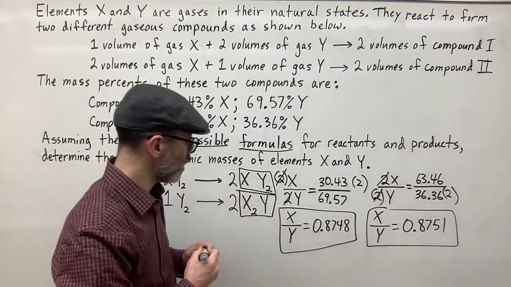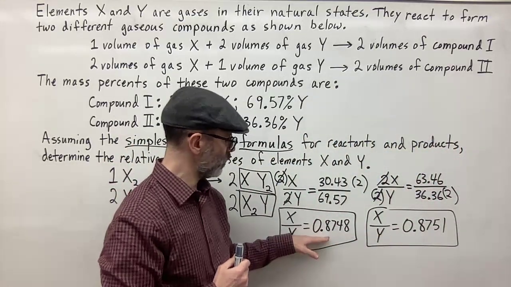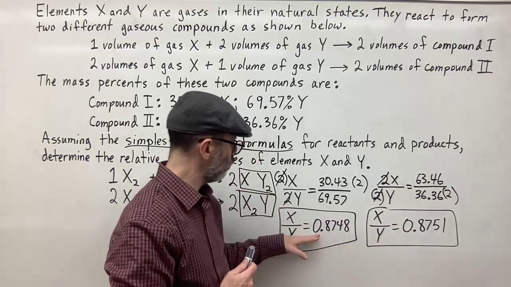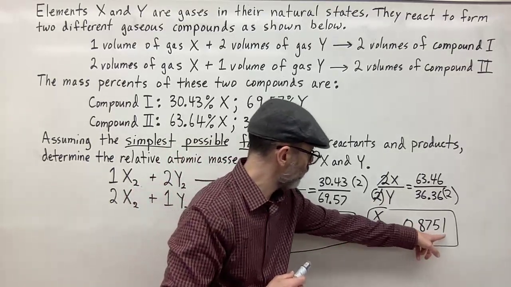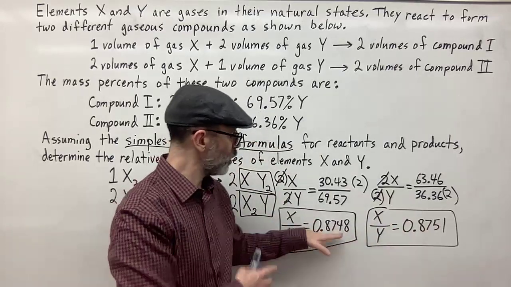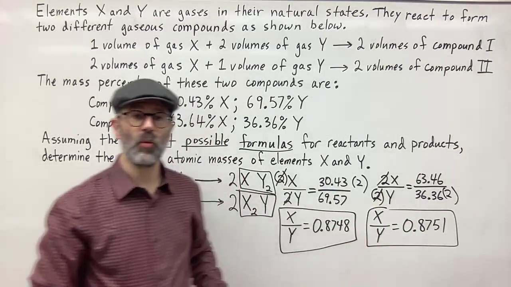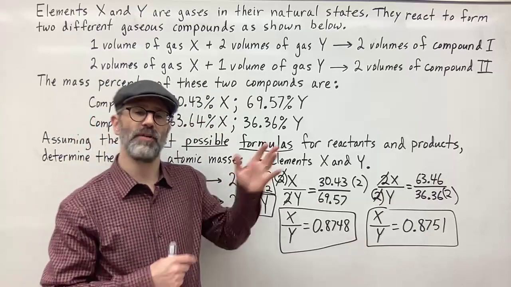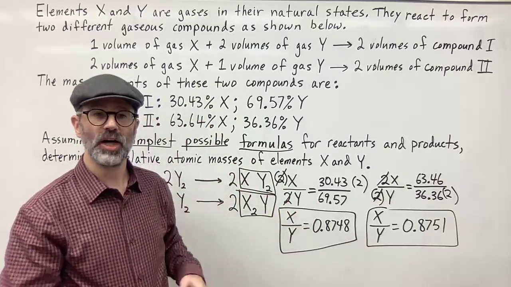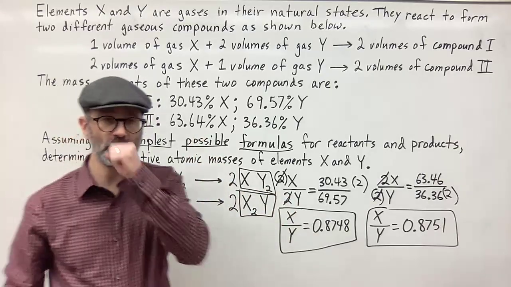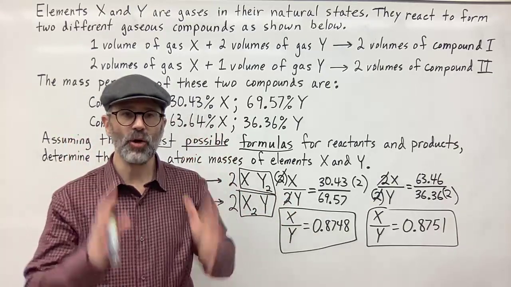And you can see here that they're very, very close together with each other. So I don't exactly know why this is a little bit different, but they're pretty much the same. And that's how you find out what the relative masses of x and y are to each other in this problem.